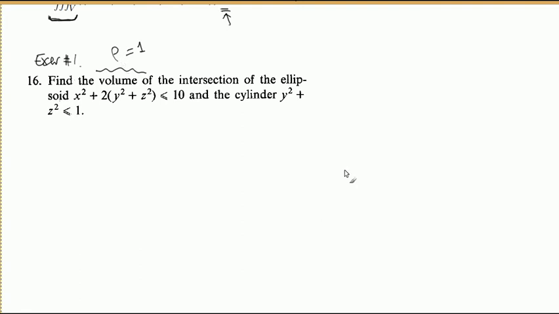So find the volume of the intersection of the ellipsoid. Remember ellipsoid? Egg shape, right? And the cylinder y squared plus z squared equals 1.